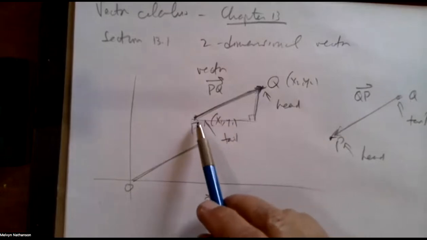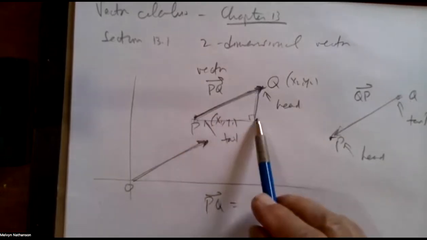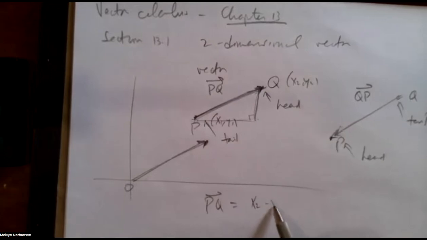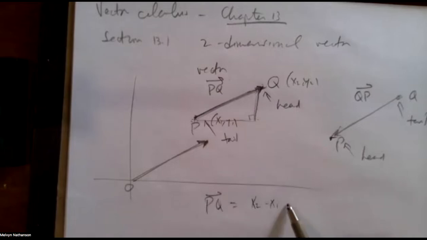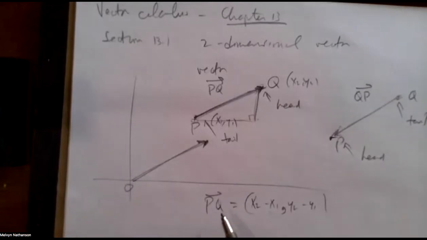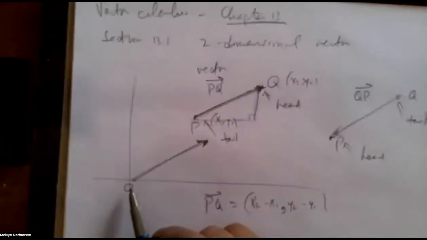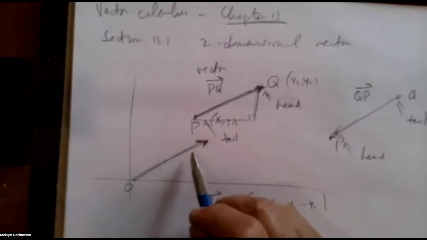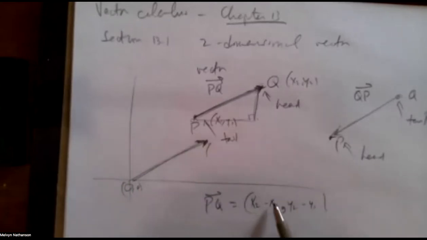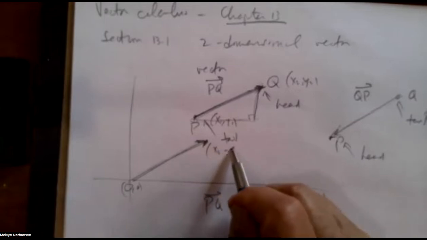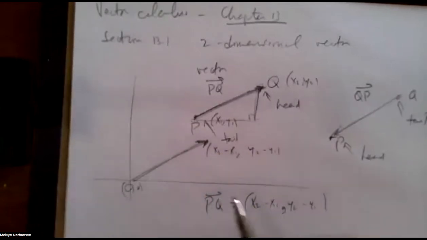So the distance from here to here horizontally is x2 minus x1. And the difference from here to here vertically is y2 minus y1. So in coordinates, we would say the vector PQ has these coordinates. This is exactly, if you took the vector whose tail was at the origin and whose head was at this point, x2 minus x1, y2 minus y1.